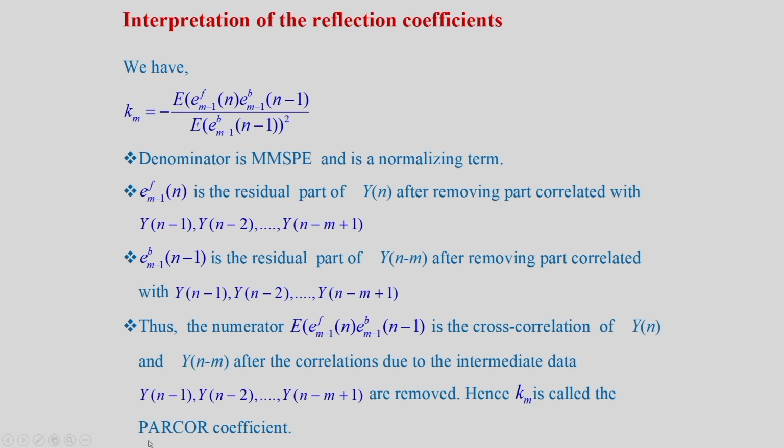Hence, Km is called the Parker or partial correlation coefficient. So, you have removed the correlation because of the intermediate data, and then you are determining the correlation between Em-1 Fn and Em-1 Bn-1. These are the residuals after removing the correlation due to the intermediate data. That is why the name is Parker coefficient.